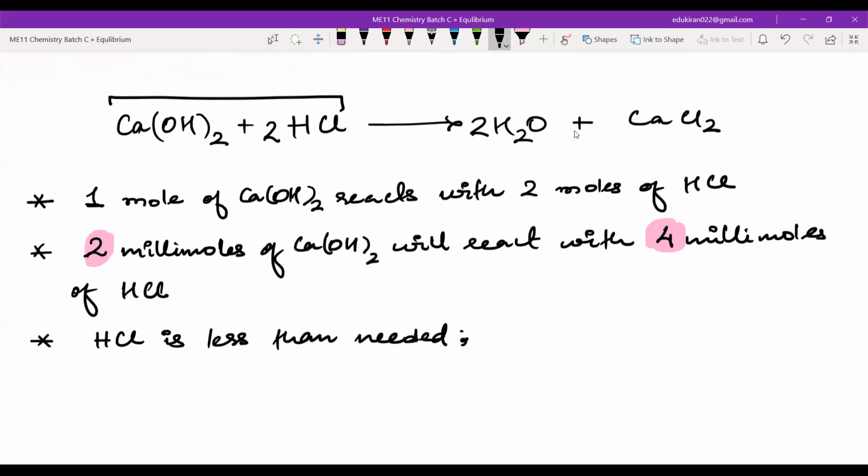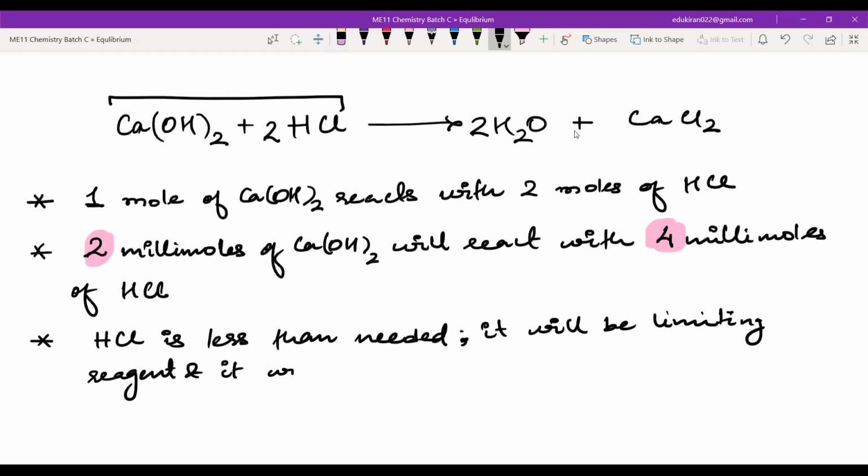You remember this? Limiting reagent is a concept from the first chapter. It will get completely consumed.